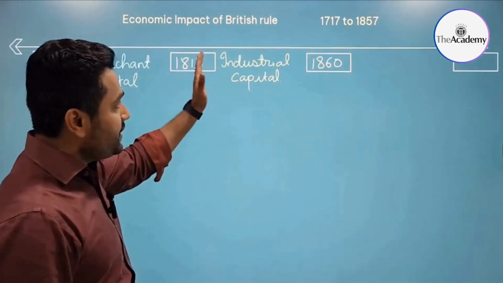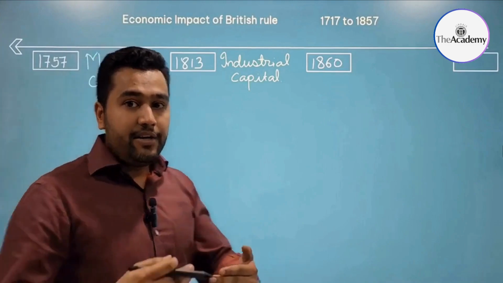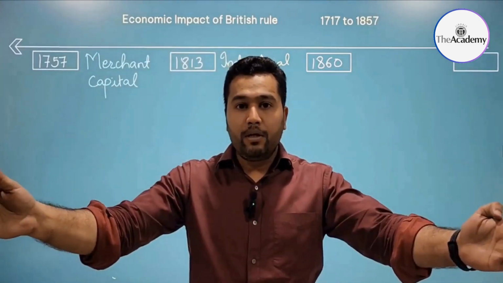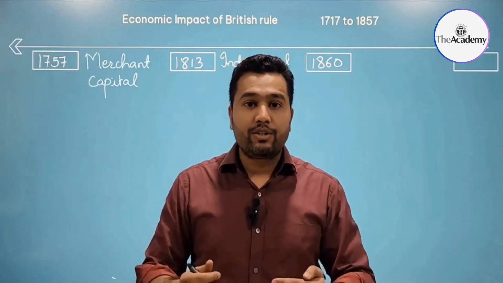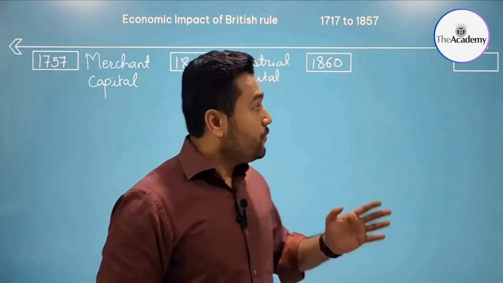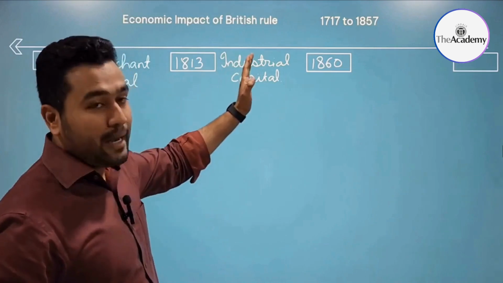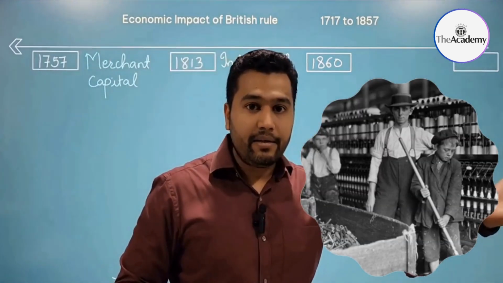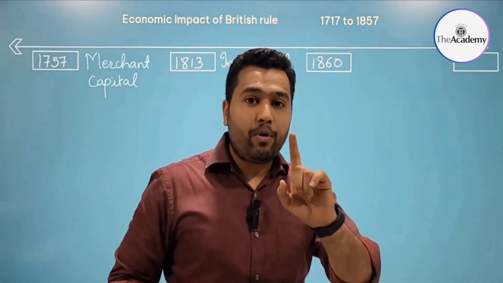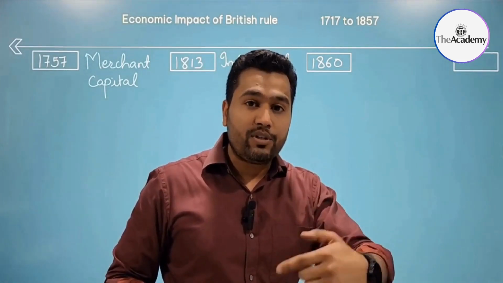After 1813, the Indian economy was thrown open to English entrepreneurs, to English merchants. So this would lead to the industrial revolution in England being an important factor in formulation of policies in India.